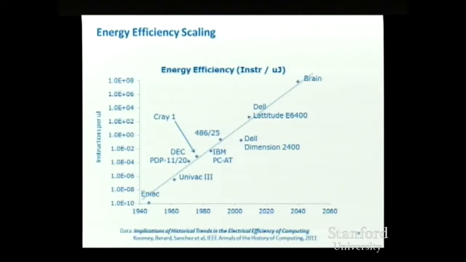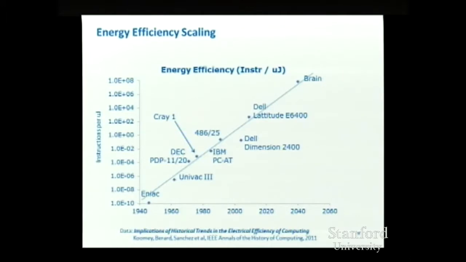So one final piece of introduction is, if you think about the far field systems, the thing that has made these possible is energy efficiency scaling. If you look at this plot, not very carefully, it looks like a Moore's law plot that you've probably seen many times.